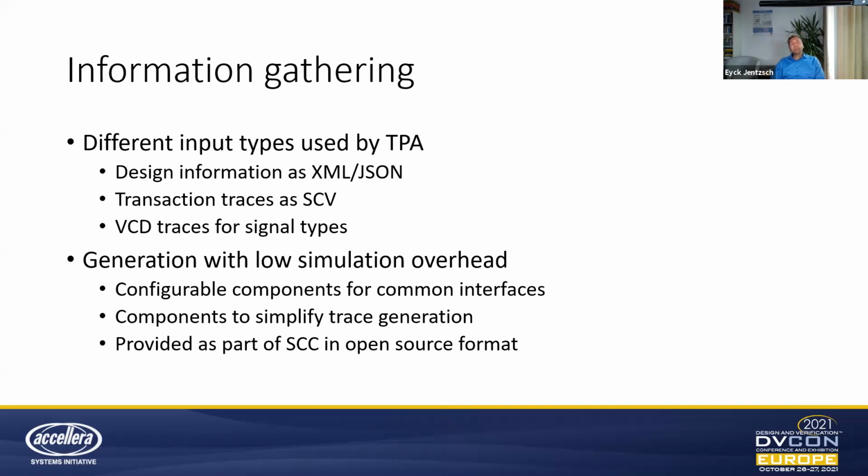But we see that it helps enormously if you have some metadata about your design that specifies what you have in your design and what properties to look for, and you typically want to describe that additionally in XML or JSON. Of course, you can do a number of things without this additional information, but it helps you generate more appropriate information.